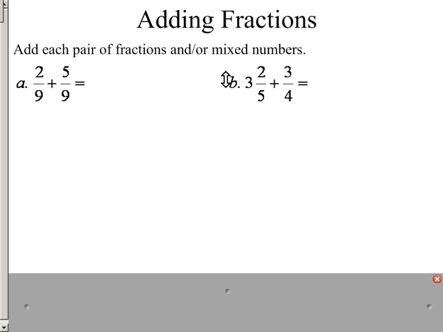That is the denominator. And then we want to add the numerators. 2 plus 5 is 7. Okay, that's it. I'll show you how to do it on the calculator here in just a minute.